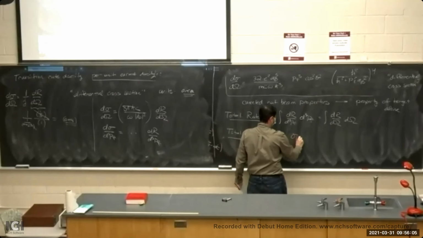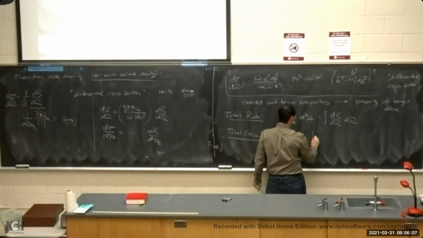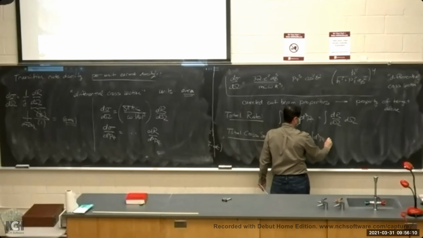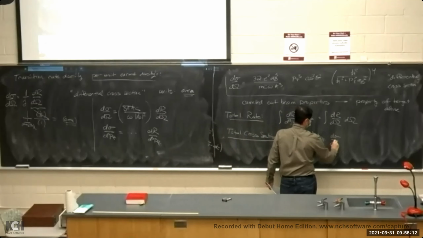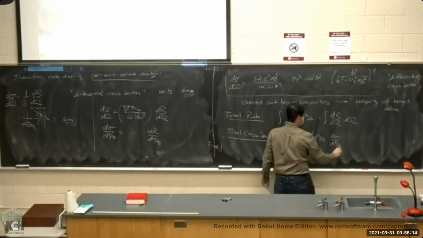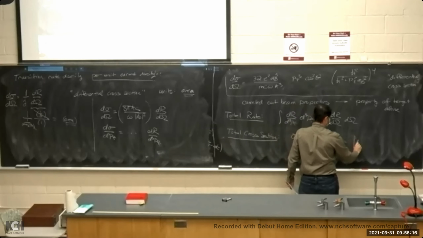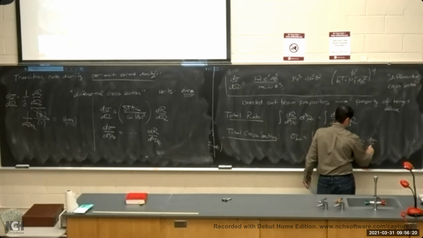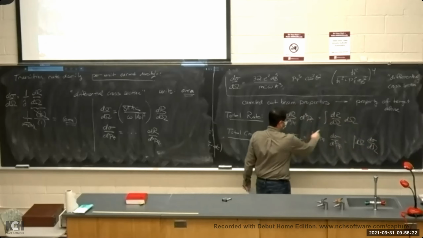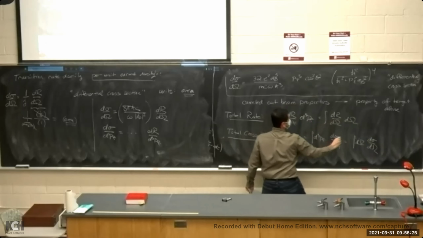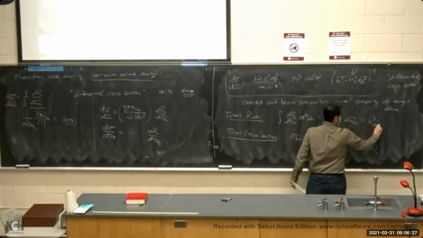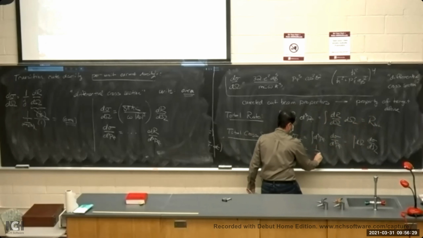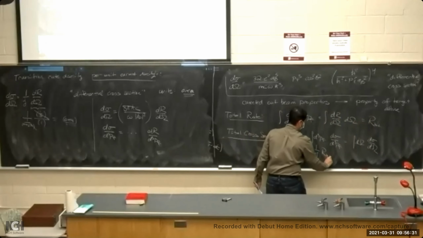So your sigma, the total cross section, is the integral of the differential cross section. And this is related to the total rate. Let's say this is my total rate. This is just 1 over the incoming current times the total rate.